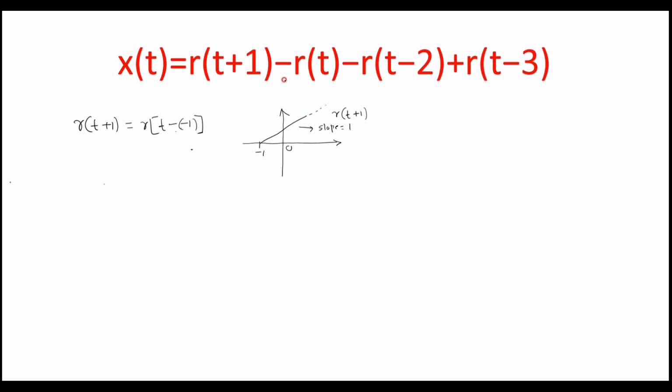The next ramp signal is minus r of t. Here the slope of this ramp signal is minus 1. It means it's a negative ramp originated at t equal to 0. So I can represent it as minus r of t.